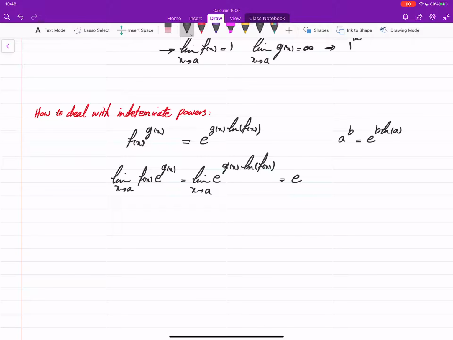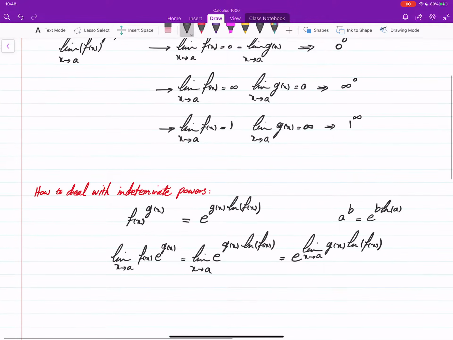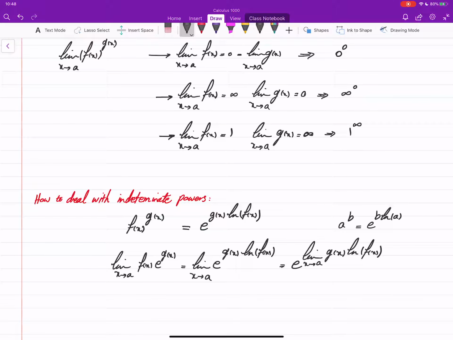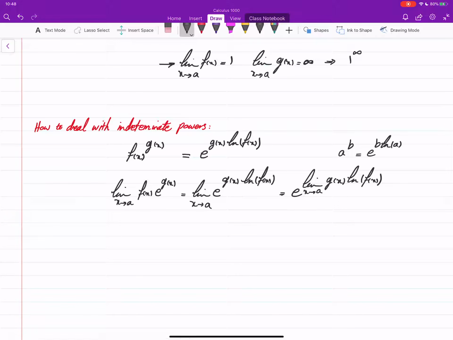And then since e to the power x is a continuous function, we can take the limit inside. If you look at these cases, you're going to have either 0 times infinity or infinity times 0. So this is the first step. Use that trick and write it like that.